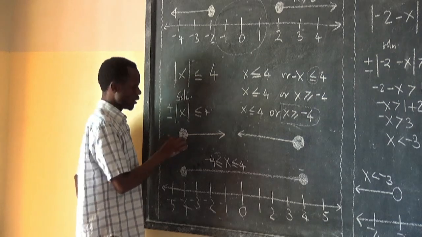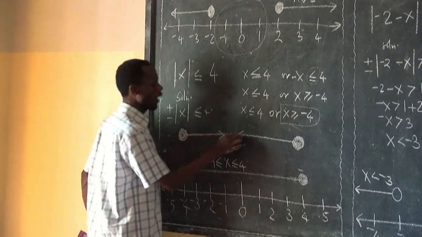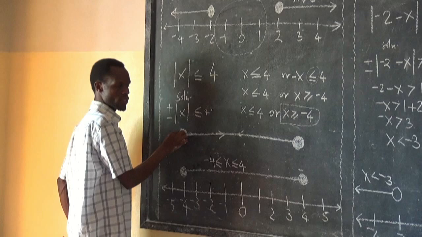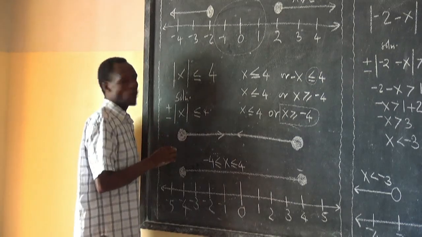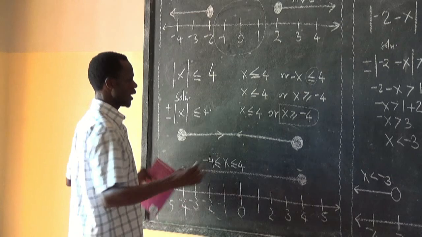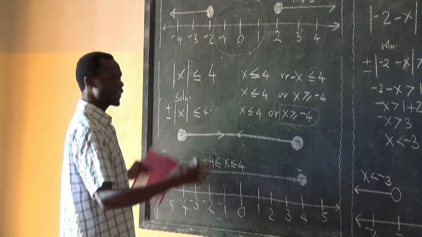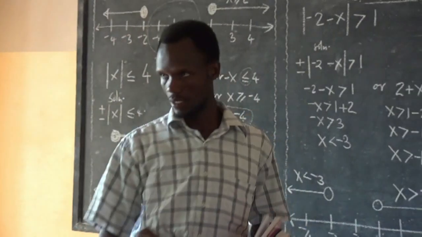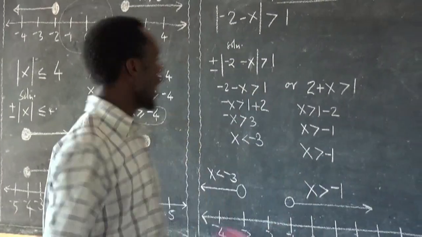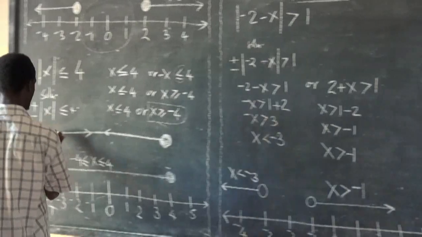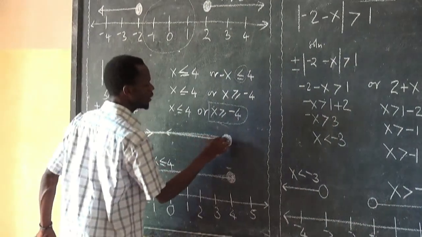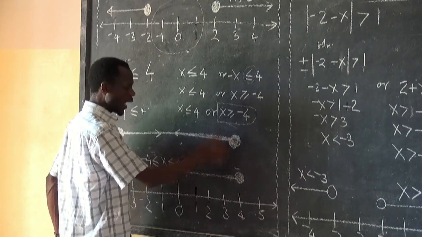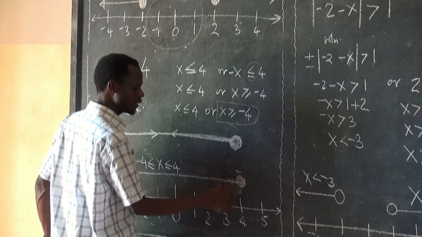Now, you can see, this one is moving to the right, and this one is moving to the left. Now, this is the limit. Why now we put them together? They have met. Now, if they meet, they produce something called a limit. They give out the limit. Now, this one will be moving, but it was not supposed to go beyond this point, because x is not supposed to be greater than 4.